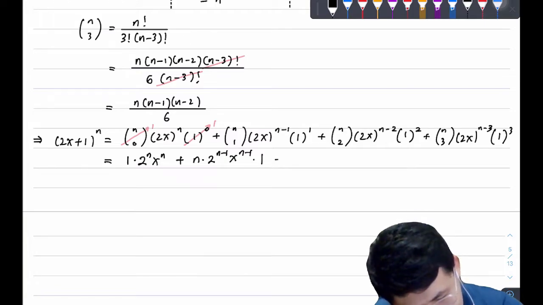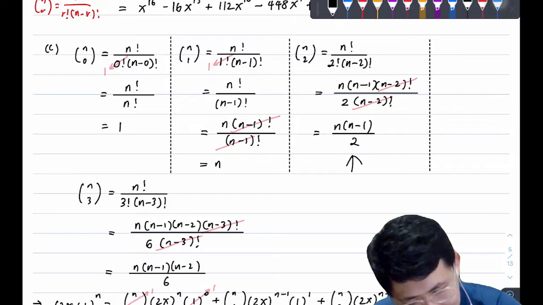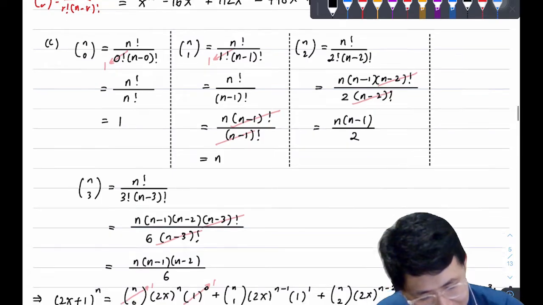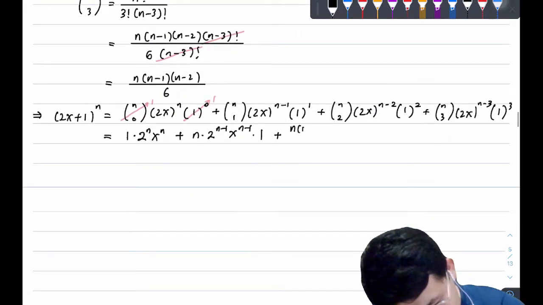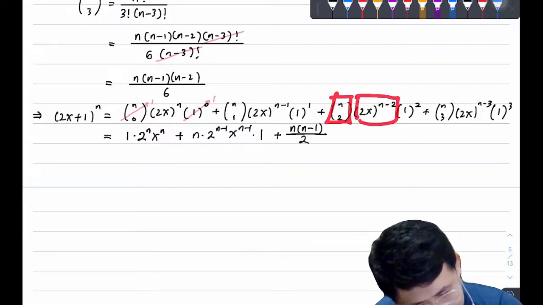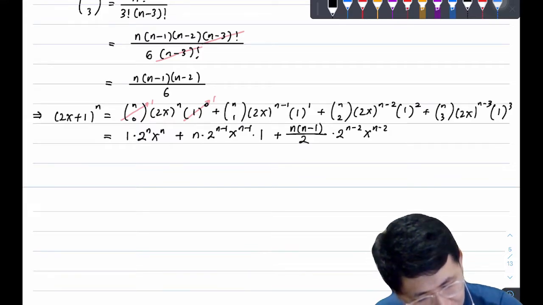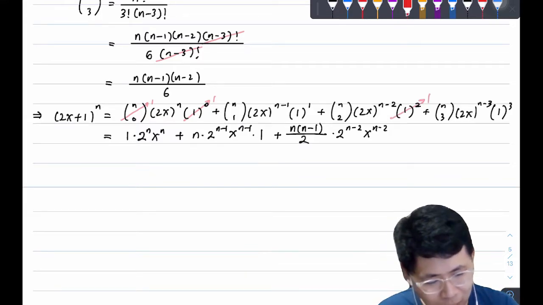Plus n choose 2. We have this result over here, n times n minus 1 over 2. Next, we expand this to give me times 2 to the power of n minus 2, x to the power of n minus 2, and 1 to the power of anything will just be 1.